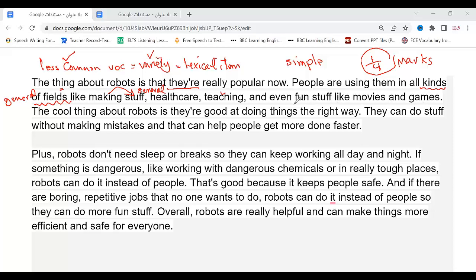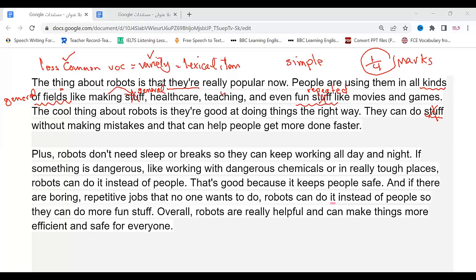Look here, the word stuff is repeated. The candidate repeated the word stuff in 2 lines, and it is repeated in the 3rd line as well. Repetition is not recommended, as it spoils the value of your writing.